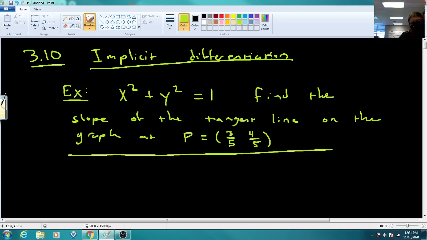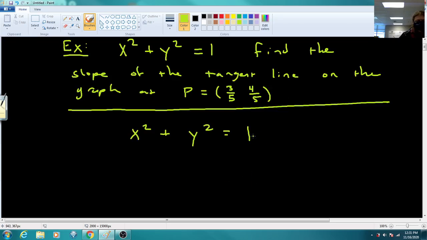So here's how implicit differentiation works. We start with our equation. Our goal is to get dy dx. We assume y is a function of x, which means when you have y's to powers, or a function evaluated at y, the chain rule will apply.